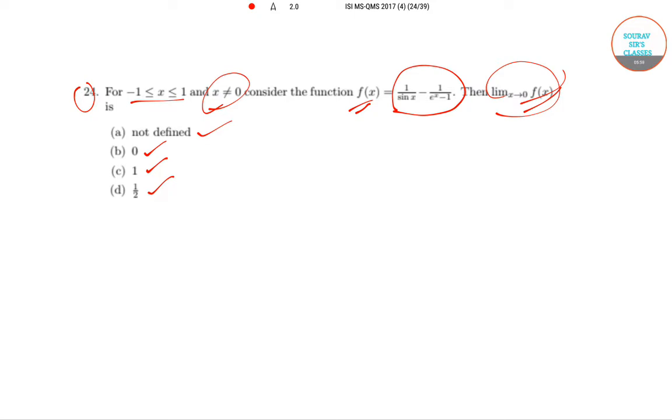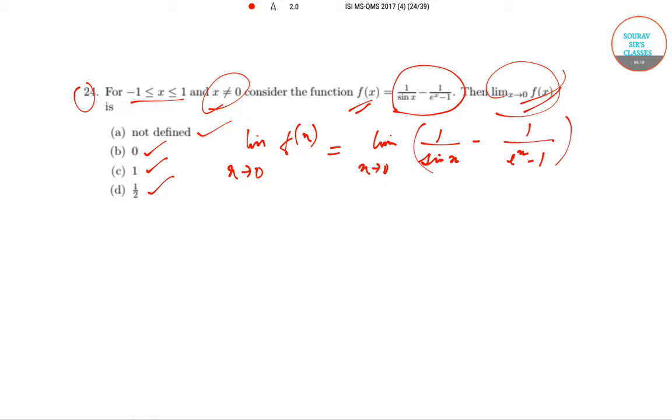Now we have been given that the limit of f(x) as x tends to 0 is equal to the limit as x tends to 0 of 1 by sin of x minus 1 by e to the power x minus 1. This is what we need to find out.